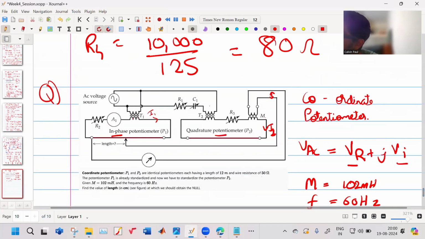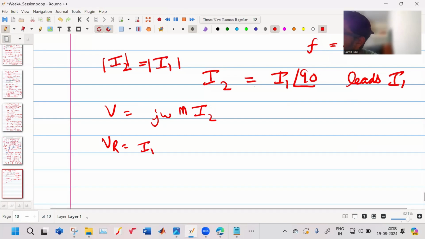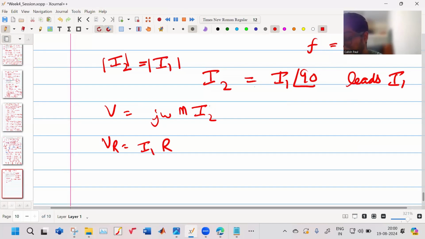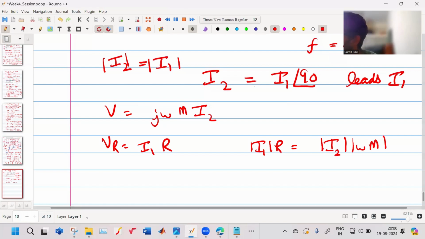But this voltage over here, because of this length, VR is equal to I1 into R. So what is actually happening is I1 into R is equal to I2 into omega M.